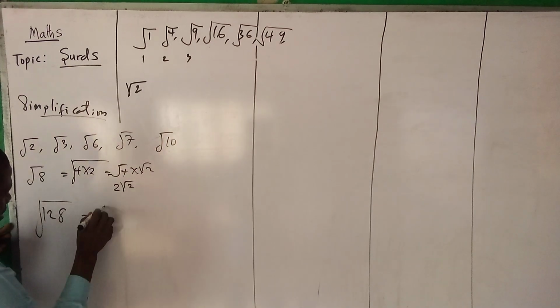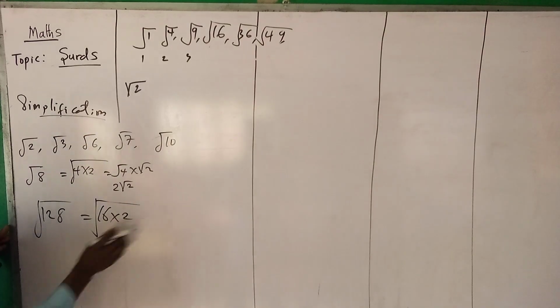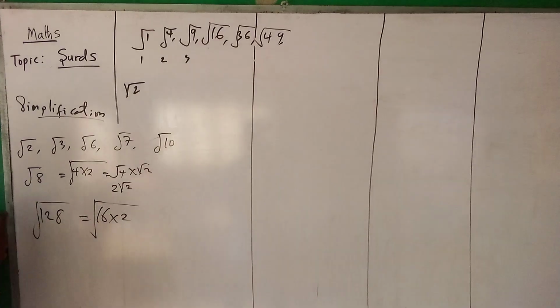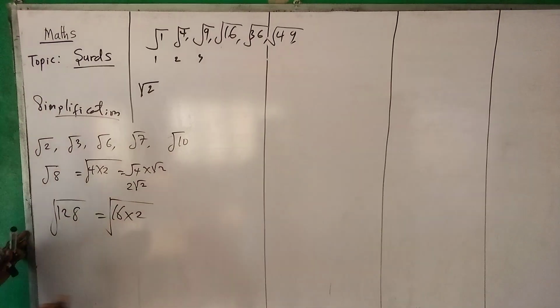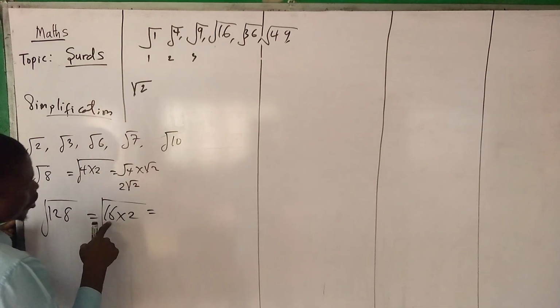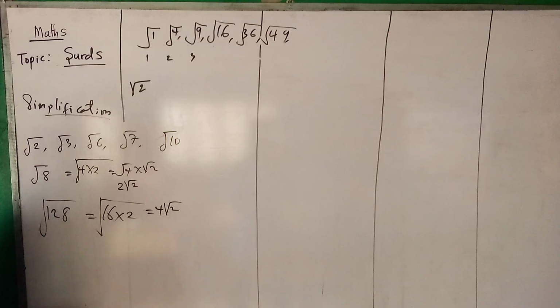And those numbers must be what? 16 and 2. So if we multiply 16 and 2, you get 128. So if I have to simplify √128, it's the same as writing √(16 times 2), and that will give you, the square root of 16 is 4, then you write √2.